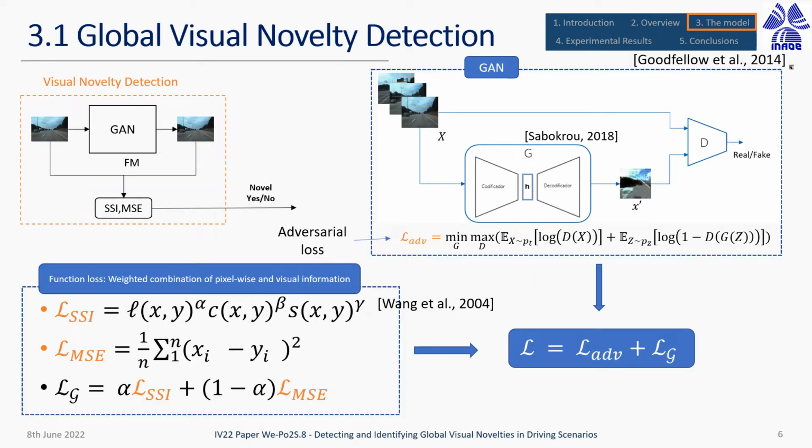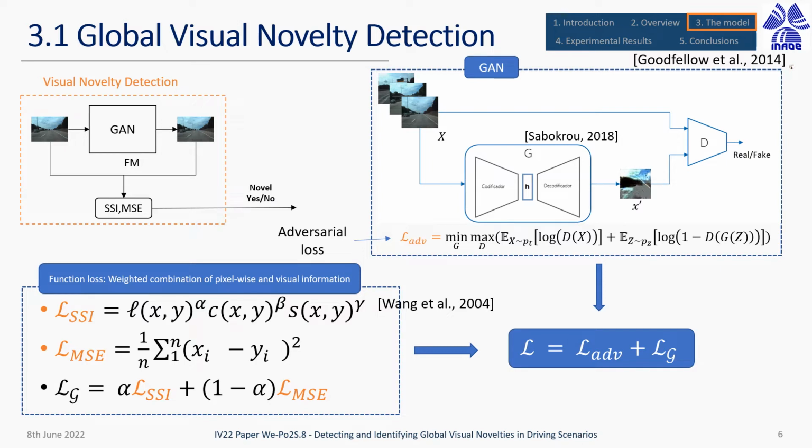Specifically, global visual novelty detection is based on a GAN model. A GAN model is based on two subnetworks, a generator and a discriminator. The generator tries to fool the discriminator and tries to produce real samples. On the other hand, the discriminator tries to estimate if a new sample is produced by the generator or comes from the real samples. Competitive training is captured by the adversarial loss.